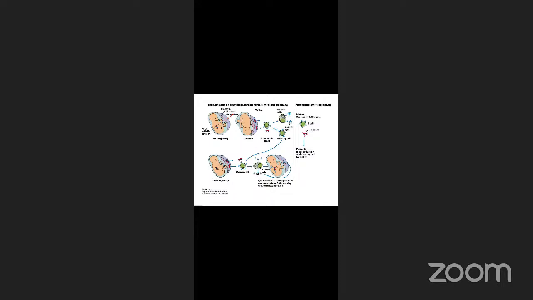These cells get activated after the attachment of immunoglobulin G and immunoglobulin M. After attachment, monocytes, neutrophils, eosinophils, natural killer cells get activated. It damages the target cell.